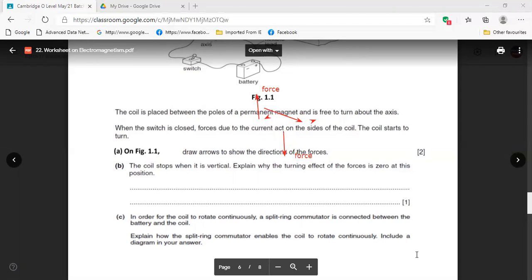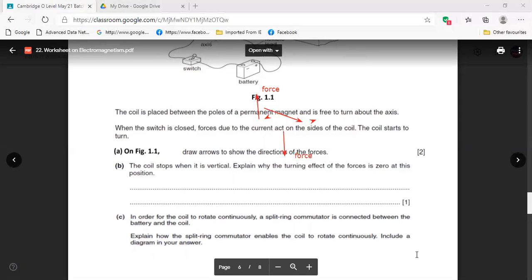There is no horizontal distance between the forces, right? We have two forces. Why do we actually get a turning effect?